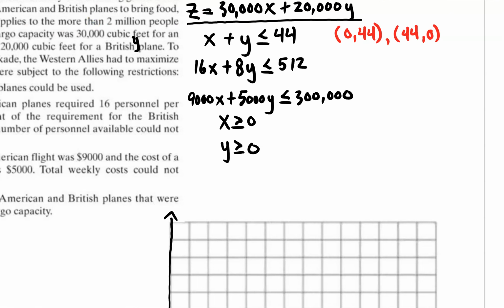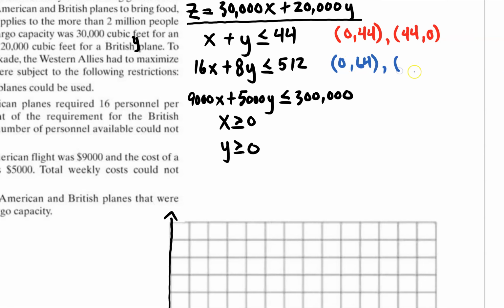Then for the second one, I would have 16x and 8y. If I put in 0 for x, then 8 divided into 512 would give us 64.